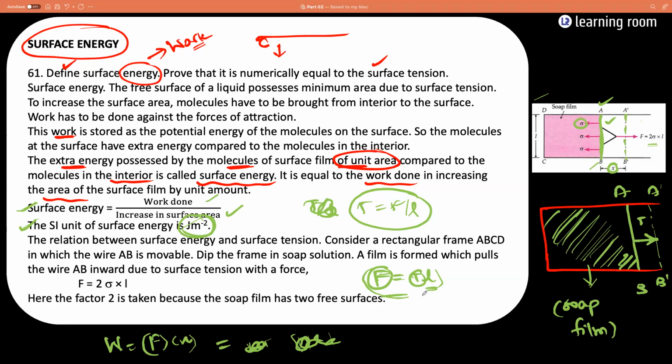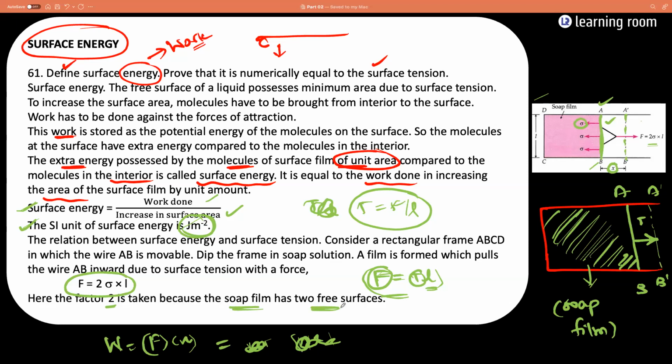It is again air. So there are two free surfaces available, and you need to write two surface tensions. So F will be equal to 2 times T into L. The factor 2 is taken because the soap film has two free surfaces.